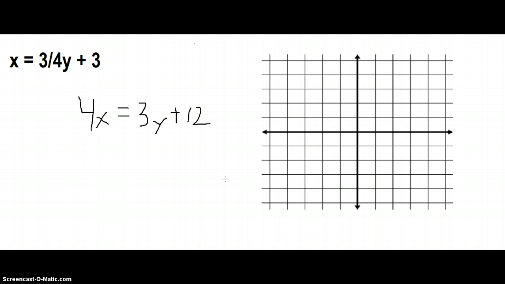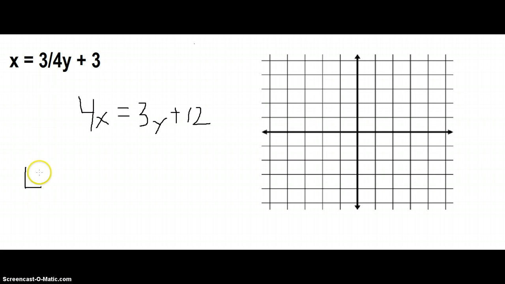Now the next step is to put this in standard form. So, we're going to take the 3y and bring it over here to make ax plus by equals c.